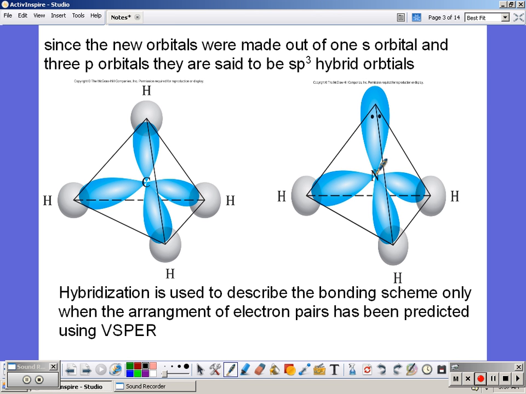So in NH3, even though we don't have four atoms, the nitrogen is still sp3 hybridized because of the lone pair needing to be the same as those being bonded.